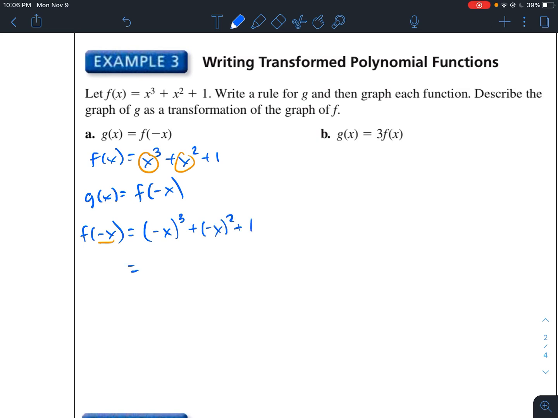If I simplify that, this is just going to be negative x cubed. X squared still means it's positive, so that's still going to be plus x squared plus 1. So this right here is g of x, because g of x was equal to f of negative x. So this is the rule right here.